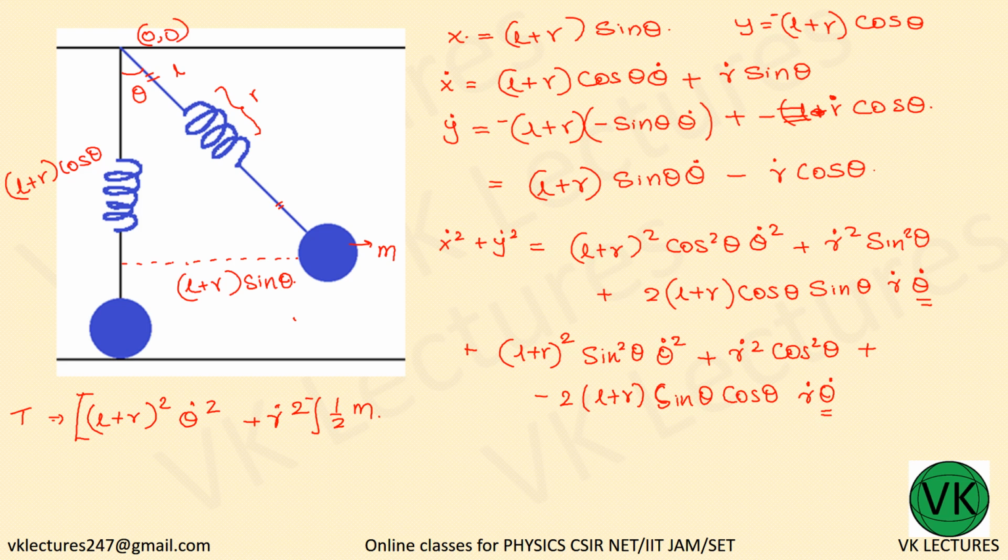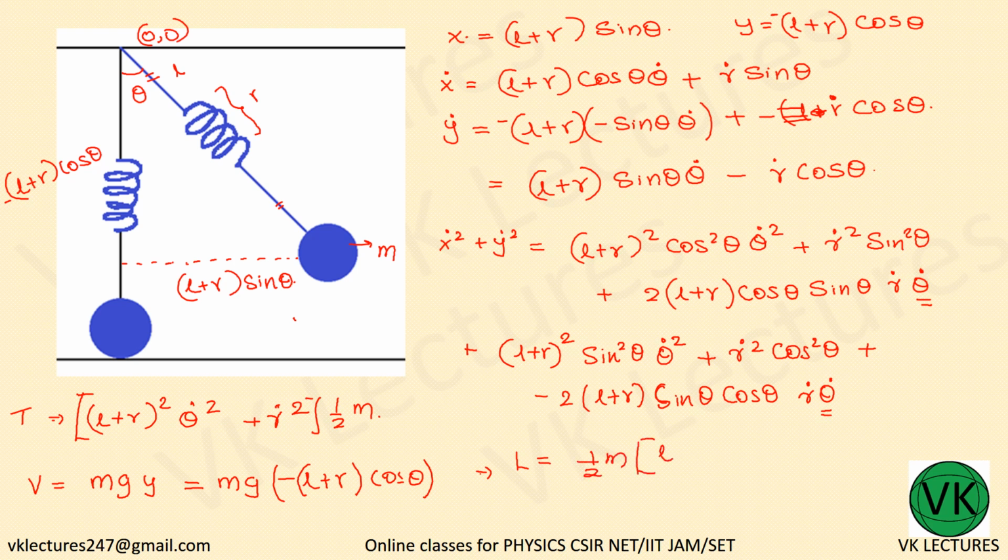And potential V is equal to mg into y, and y is minus (L plus R) cos theta, so that's equal to mg into minus (L plus R) cos theta.